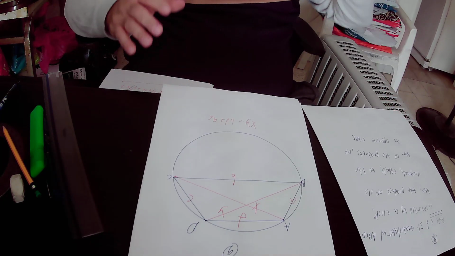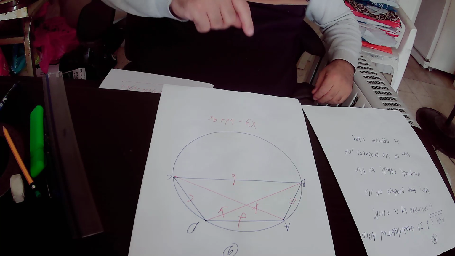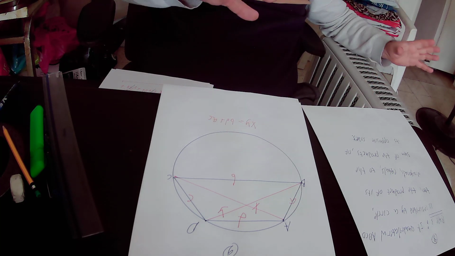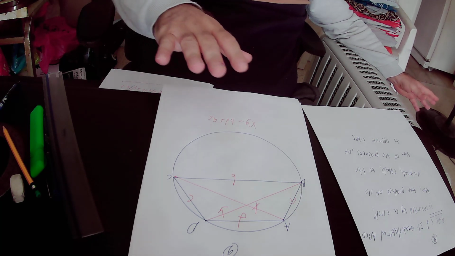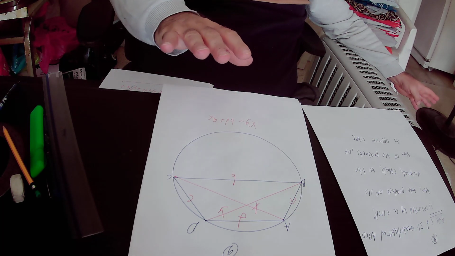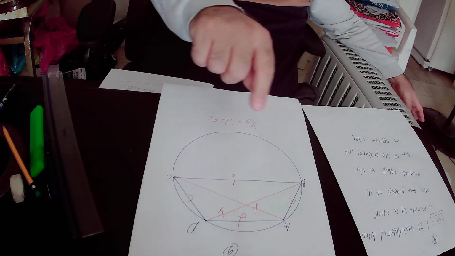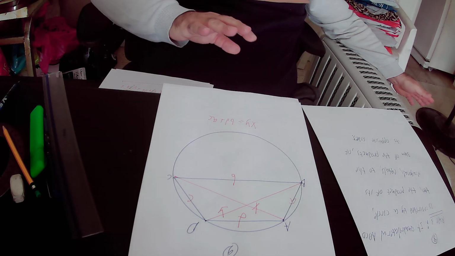So if we have a quadrilateral that is inscribed by a circle, like in this drawing, we can implement rule number 3. Okay, whenever we have a quadrilateral that is inscribed by a circle, we can implement rule number 3.